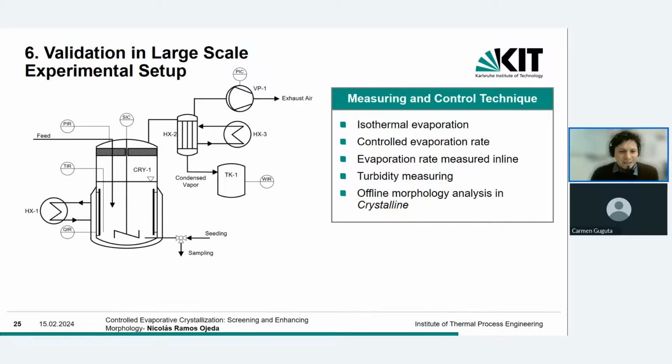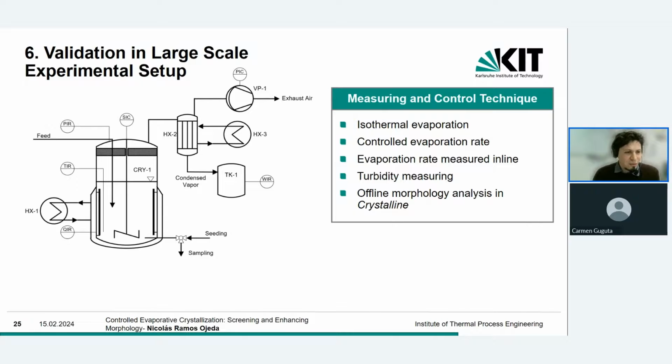As I was saying, the vacuum pump is right here, so it controls the vacuum pressure in the crystallizer. Unlike the miniaturized crystallizer Crystalline, we are not using a stripping gas.